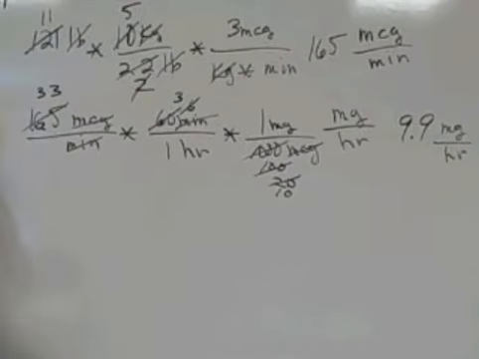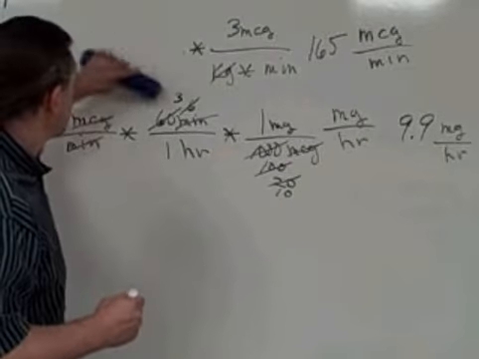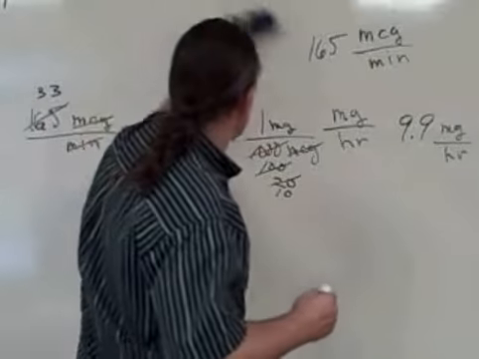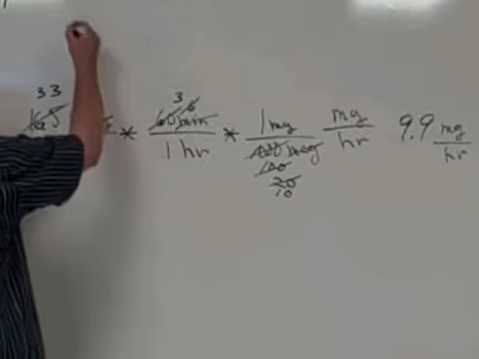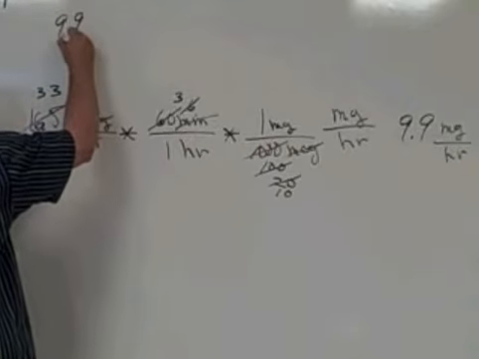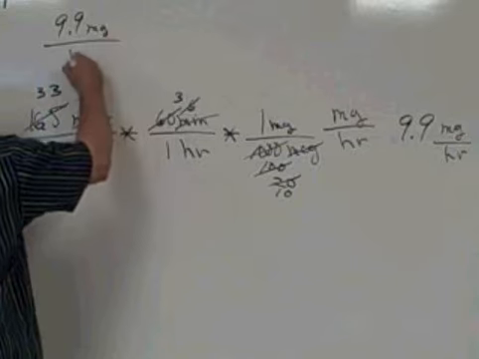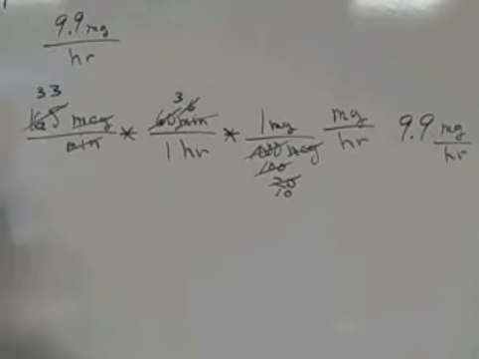We know that this drug is to be administered. I think I'll clear out some space here. It's a little crowded. We're to administer the drug at 9.9 milligrams per hour.